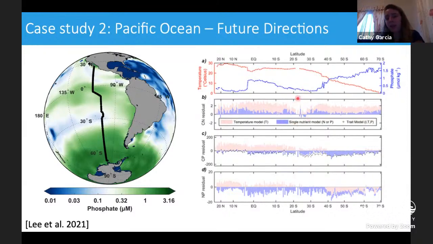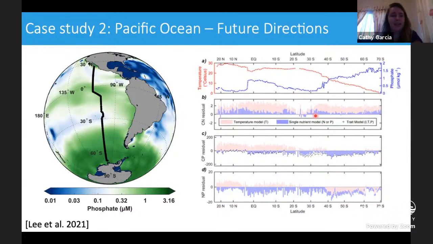And when we use the original trait model, or the single nutrient model with either nitrogen or phosphorus to try to predict the ratios of C to N, C to P, and N to P, we see a very large residual.